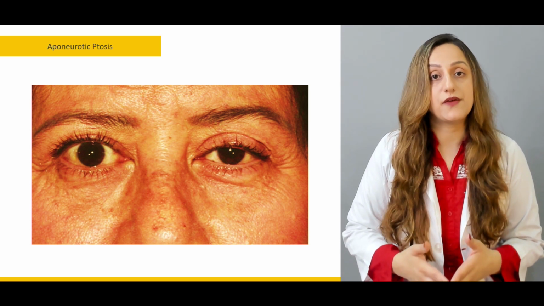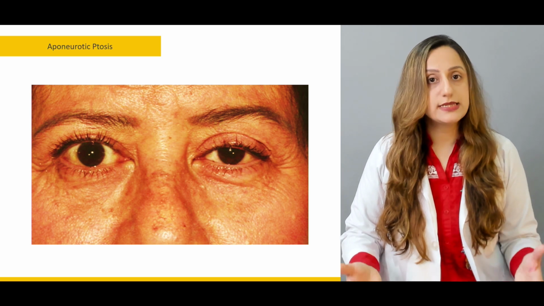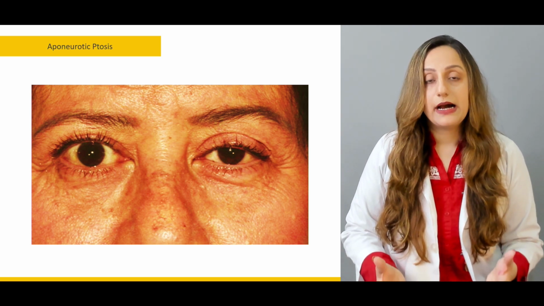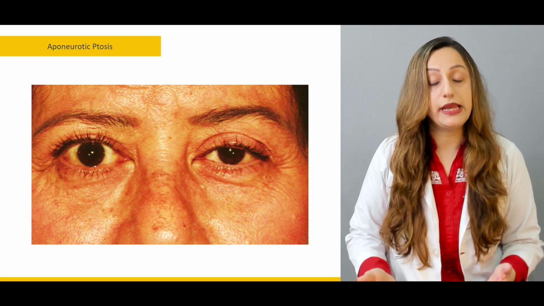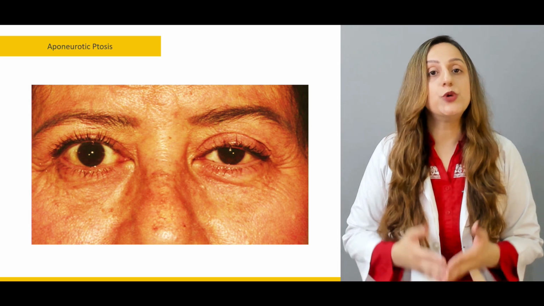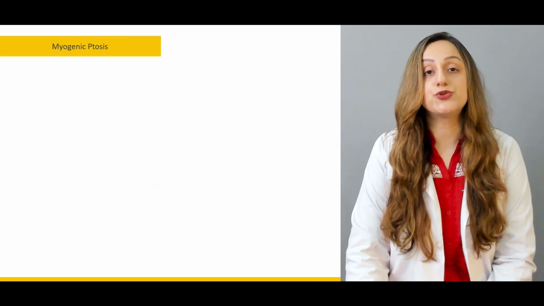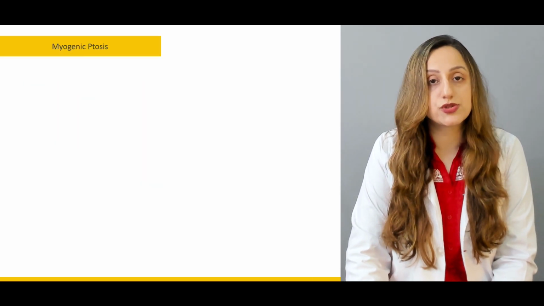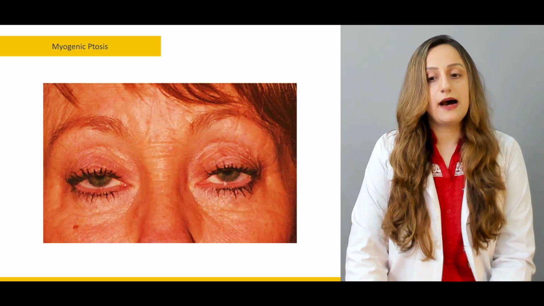Obviously, whenever you have this drooping of the eyelid, if it is a congenital kind of ptosis as seen in children, the child might suffer from amblyopia later on, and that is again a condition which is going to affect the vision of this particular child. So one should know how to treat these ptosis situations and how to manage these patients in the correct way.